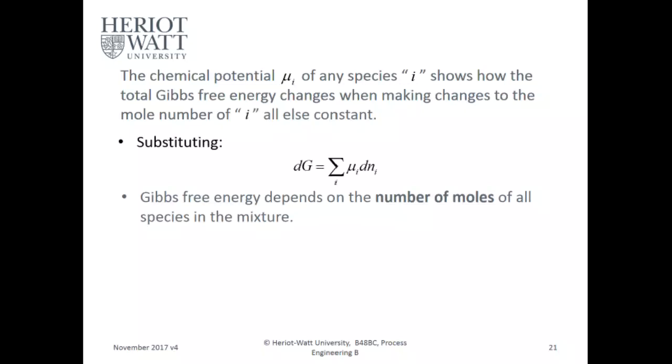Substituting, you get dG equals the sum of mu i dNi, and the Gibbs free energy depends on the number of moles of all species in the mixture. So that's something to take from here. Gibbs free energy depends on the number of moles of all species in the mixture. So that's what determines what minimizes the Gibbs free energy. That's why you reach equilibrium.